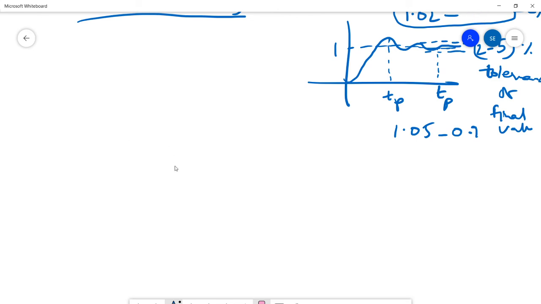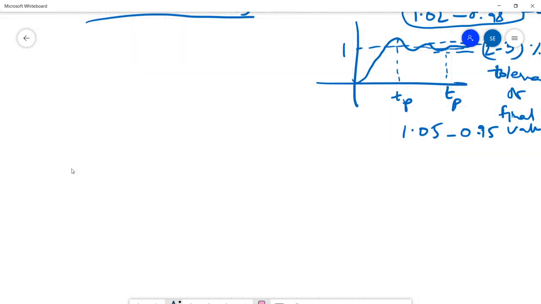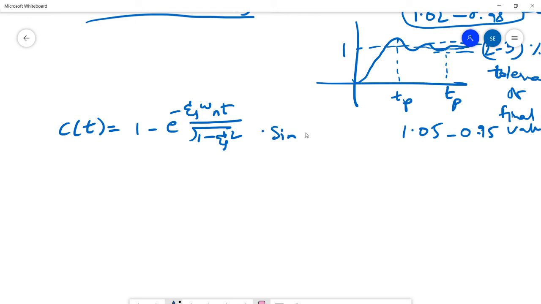C of t is equal to 1 minus e power minus zeta omega n t divided by root of 1 minus zeta square, into sine of omega d t plus phi.